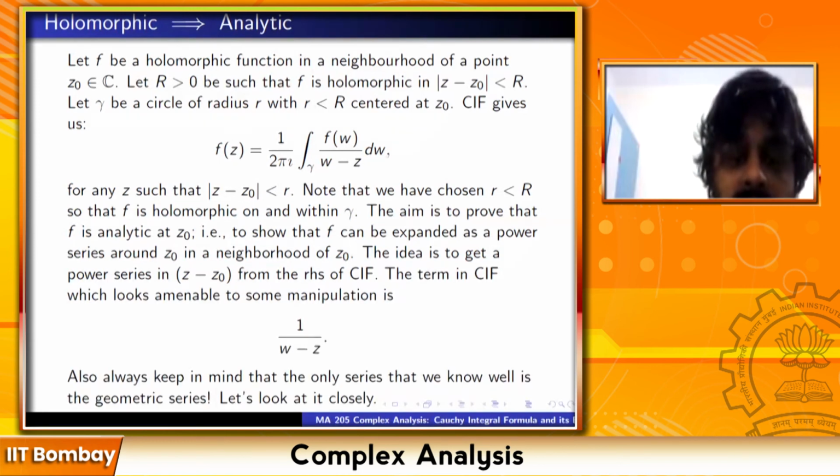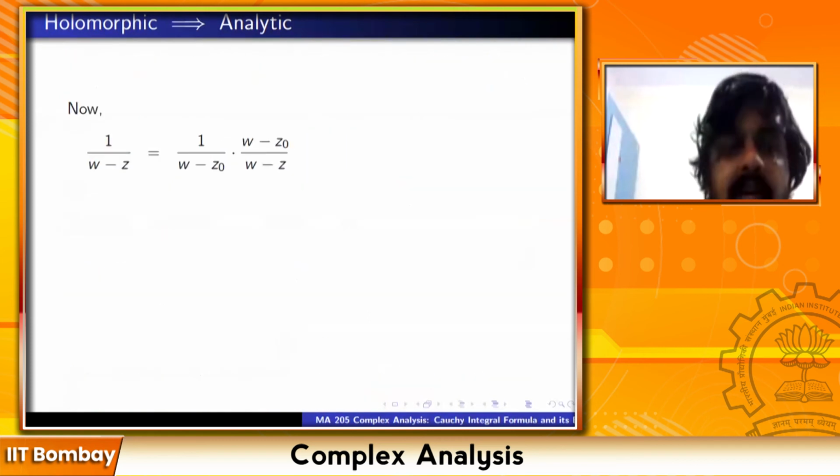So the term in the Cauchy integral formula which looks amenable to some manipulation is 1 upon w minus z. So we know that we can expand 1 upon w minus z as a geometric series. Also keep in mind that the only series that we know really well is the geometric series. So let's look at it closely. So look at 1 upon w minus z. I can write this as 1 upon w minus z0 into w minus z0 upon w minus z.